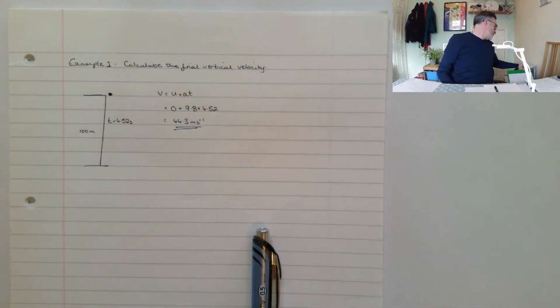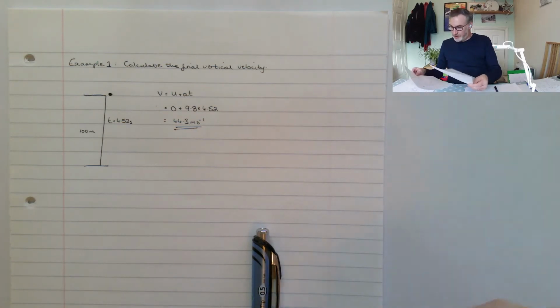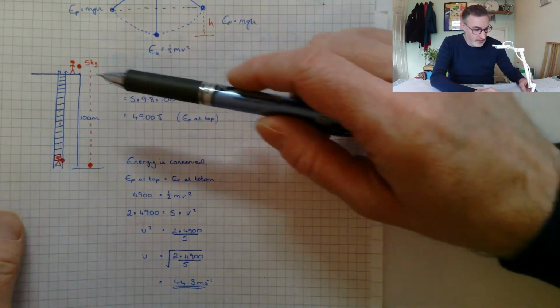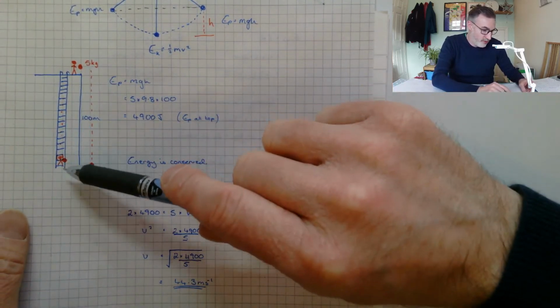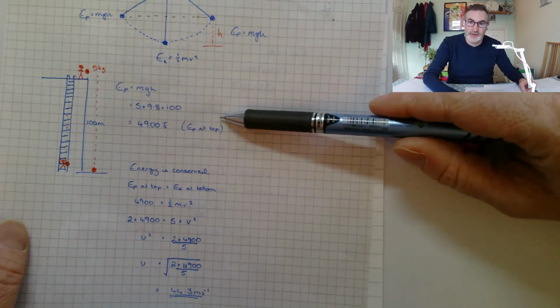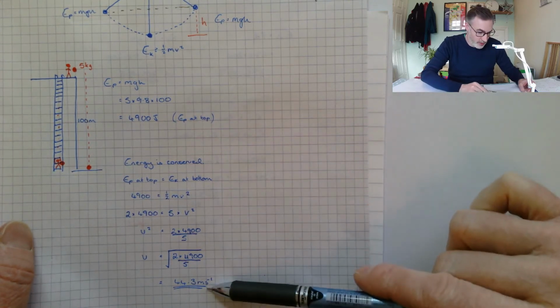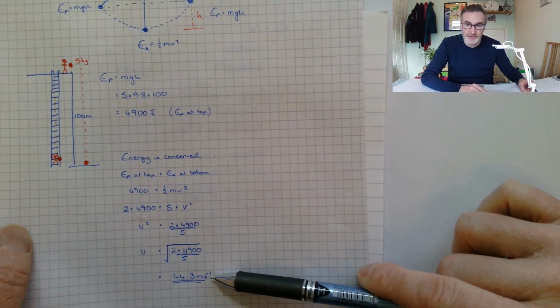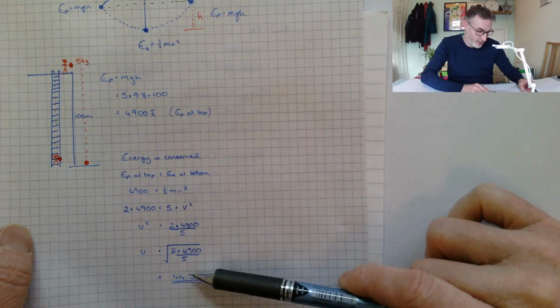Now, if you remember back when we were looking at conservation of energy, and we did an example where we climbed up with my backpack and we dropped the ball off of there, we worked out the potential energy, and eventually we got to the final velocity of the ball just before it hit the ground, 44.3.